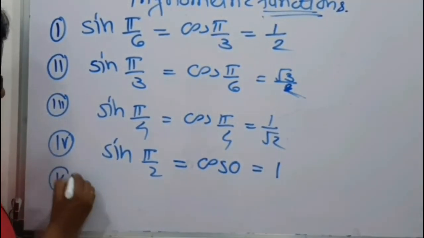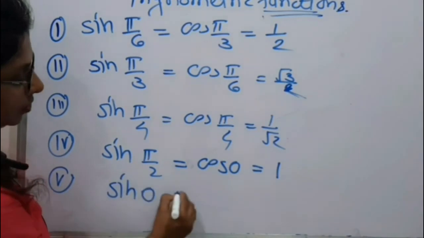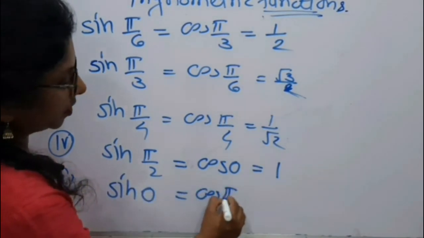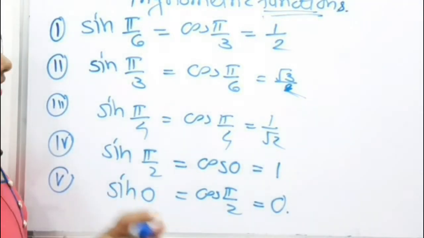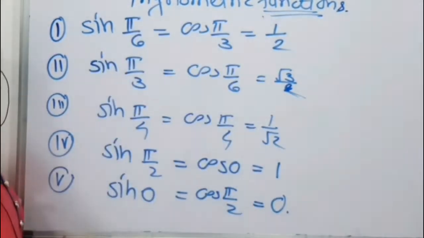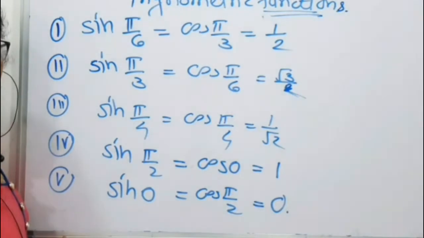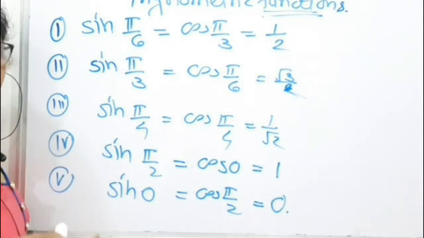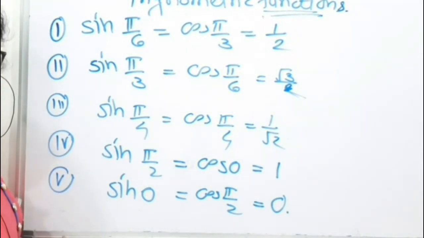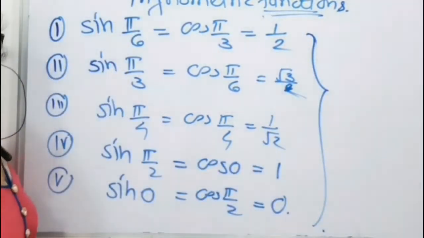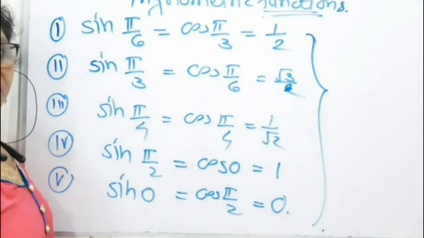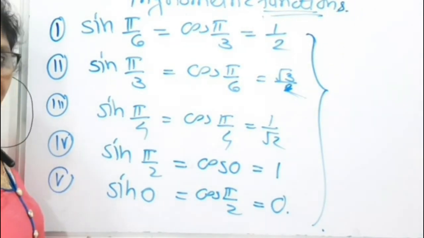Next is sin 0 equals cos pi by 2 equals 0. If you know all these values, you can easily find the values of tan, sec, cosec and cot. So learn only these points. You will get all the trigonometric ratios of basic angles.